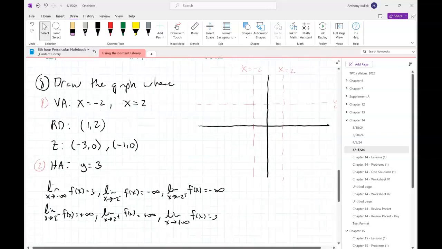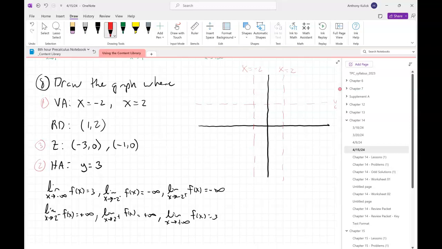The next thing I'm going to do is draw in my zeros and or y-intercepts. Now, I wasn't given a y-intercept for this problem, but I'm just plotting points at that. Notice that the points for the zeros and the y-intercept are filled in circles.